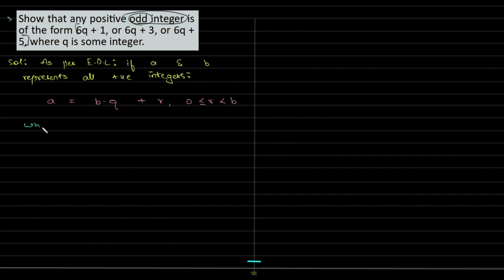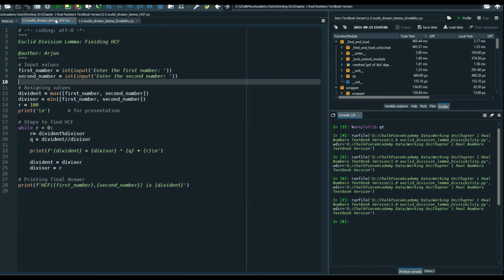where Q and R are unique positive integers. You can also write it as int. Instead of integers, let's start writing it as int, because it is helpful in your coding.